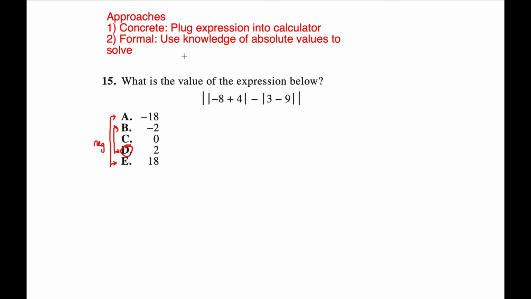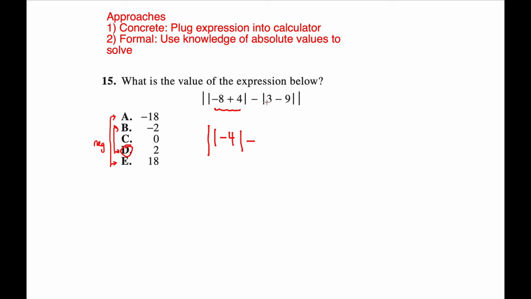Let's now look at the formal way of solving this, which is to use what we know about absolute values. Essentially the key idea here is that before we take an absolute value, we want to do the operations inside first. So we'll want to do the negative 8 plus 4 first, and negative 8 plus 4 is going to be negative 4. So we just put that inside the absolute values, and we still have this other larger absolute value on the outside.